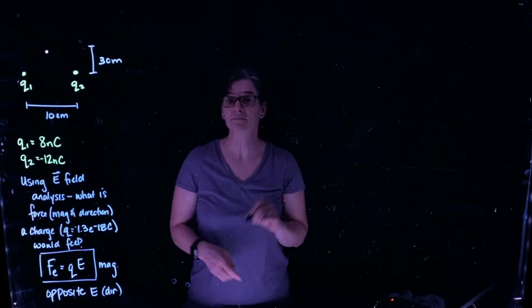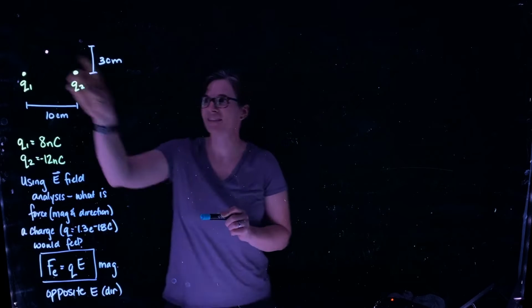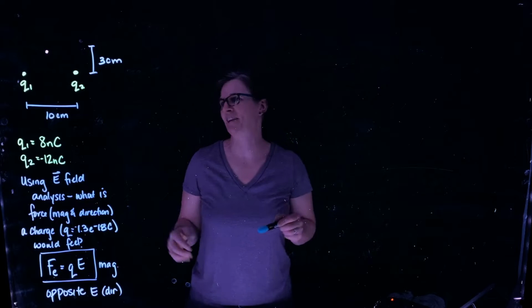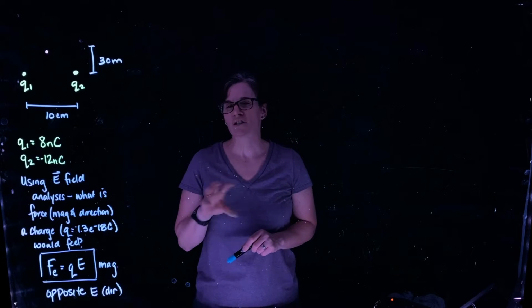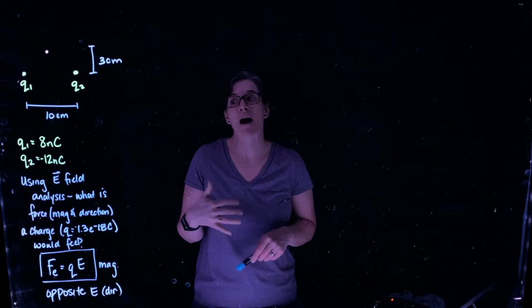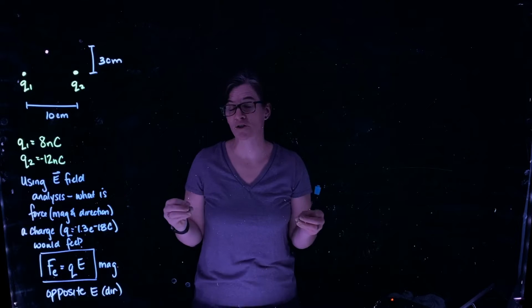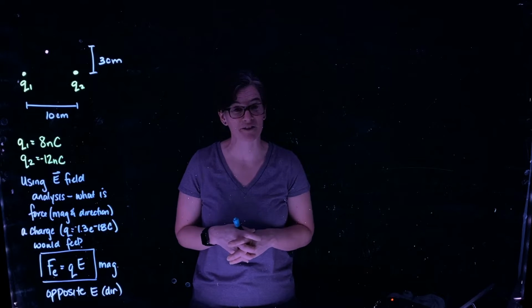All right? So we need to determine the direction of the electric field at this location in space and the magnitude of the electric field at that location in space. I have two charges contributing to the electric field at that location. And so I can look at each of the contributions individually and then put them back together using our vector analysis.